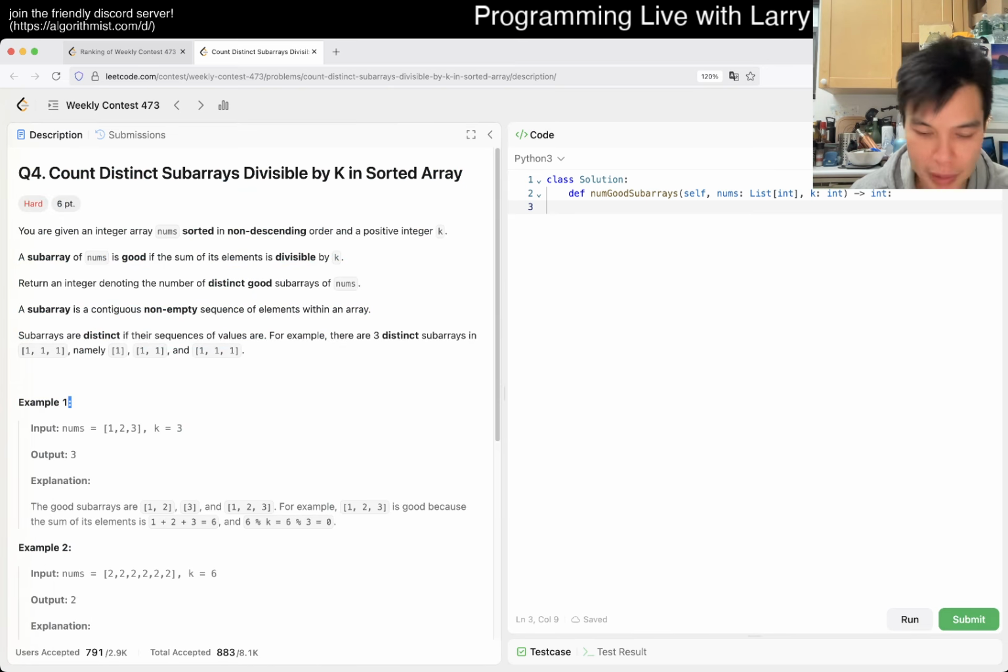The size is unique for a certain sum, but not for a certain sum mod k. So I have to be careful here. Okay.